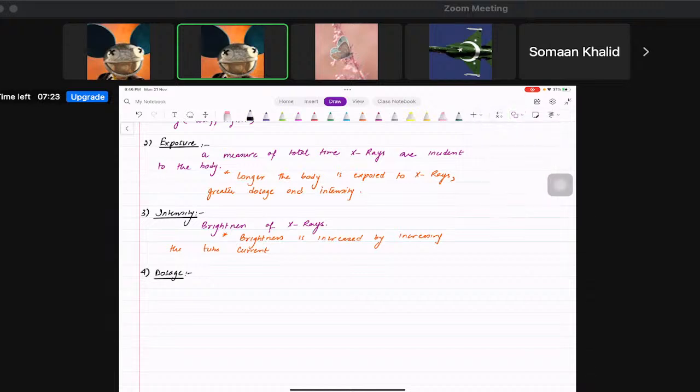Okay, then you have dosage. Dosage is basically defined as the measure of total X-rays absorbed by the body.